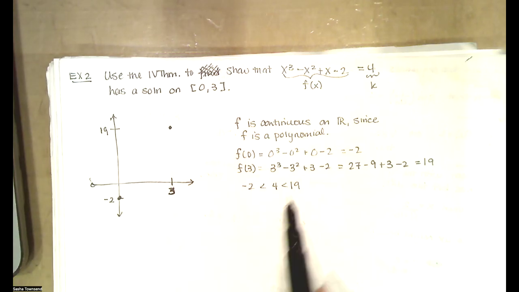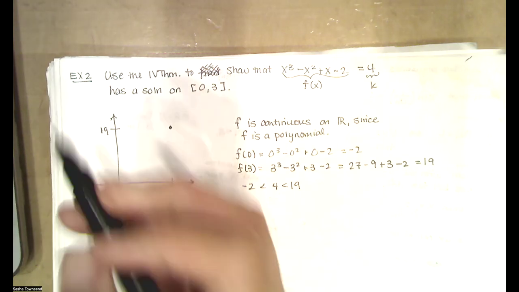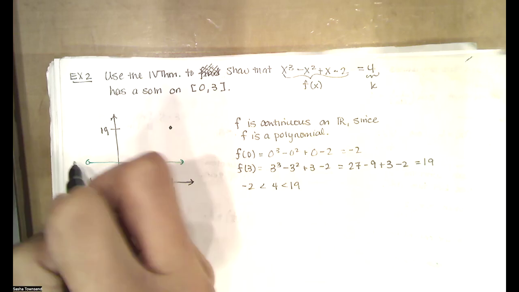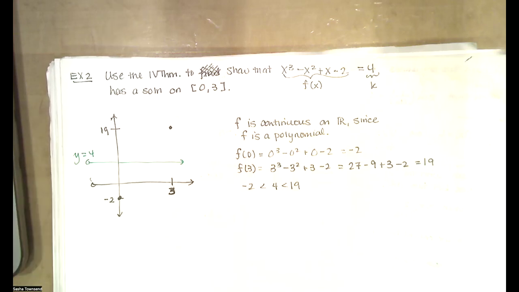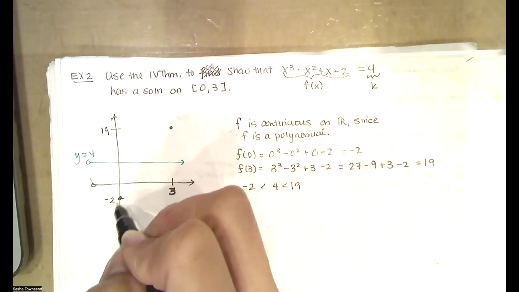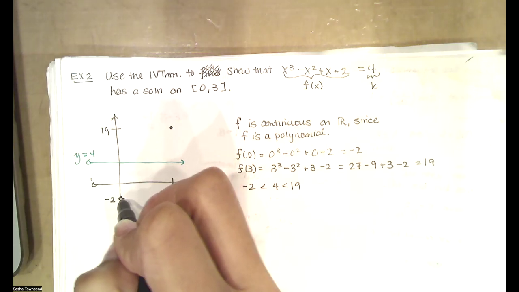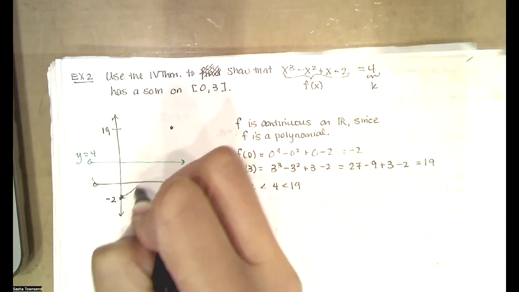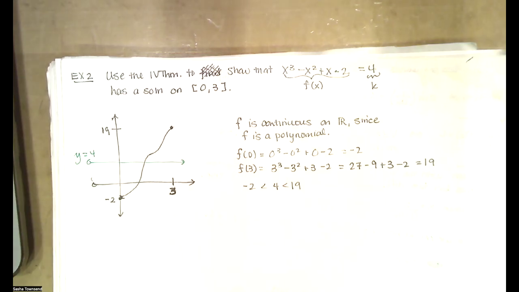And then the y value that we're interested in is y equals 4. Well, I think it's pretty obvious. If I've got a curve that is continuous that goes from this point to this point, it's going to have to cross that line at least one point.